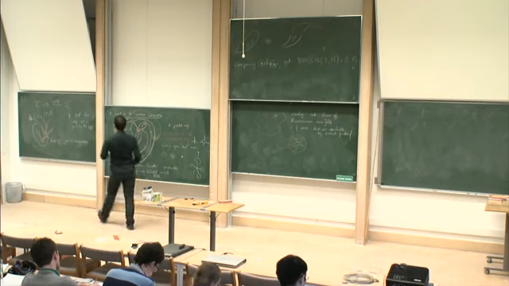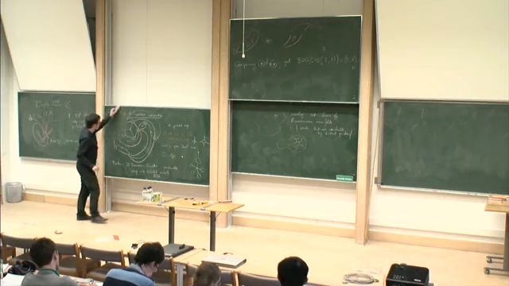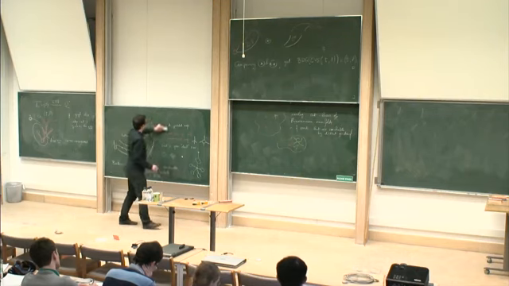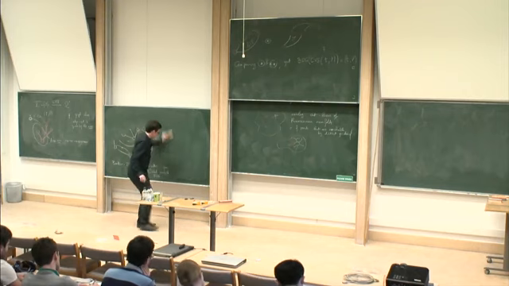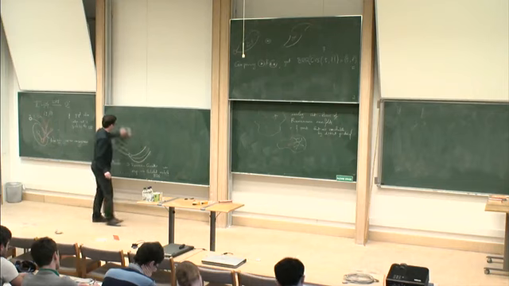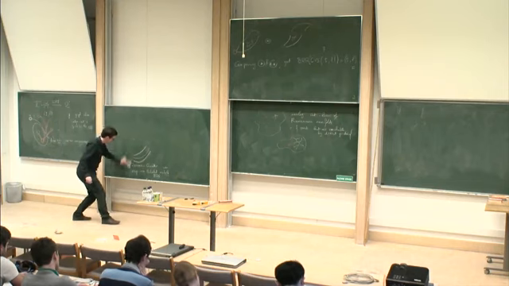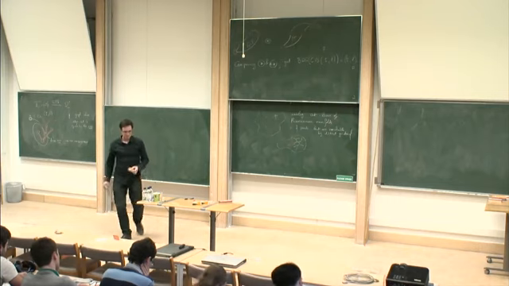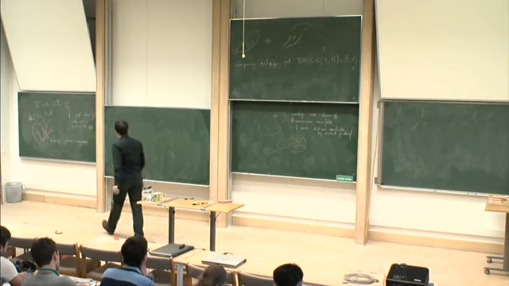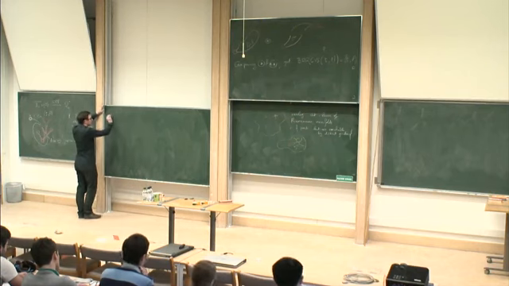Take random trees and random maps. Before that, where do we stand at this moment?